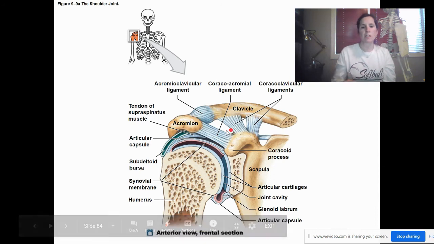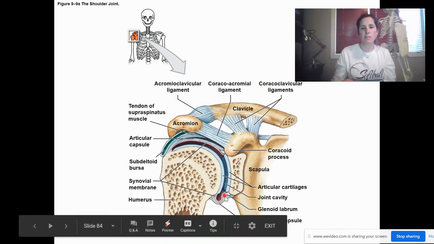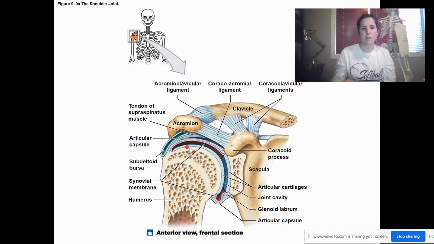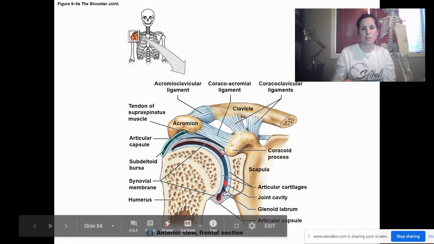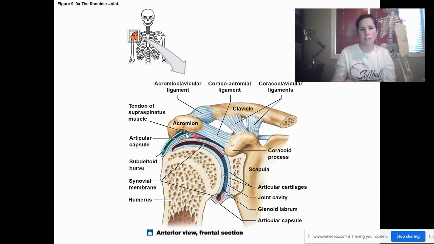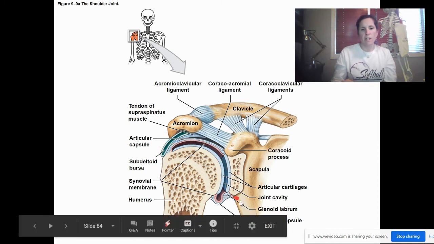So just taking a look here, here's the joint. You can see here's the joint cavity. This is basically here's some articular cartilage. This is the labrum right here.